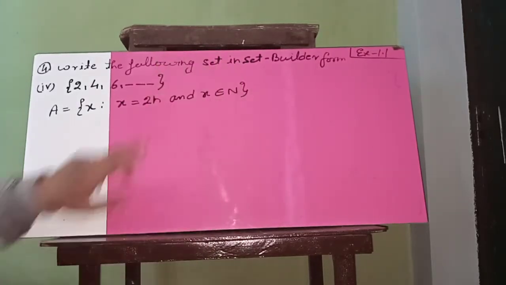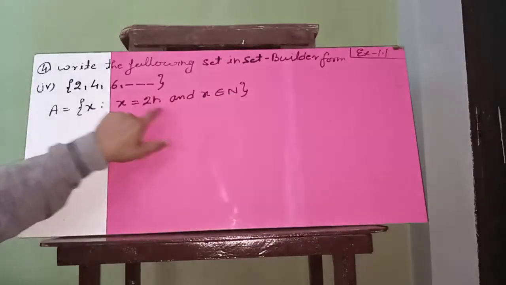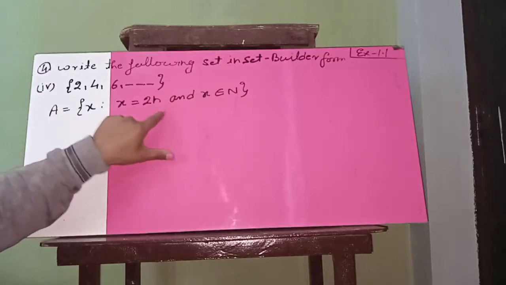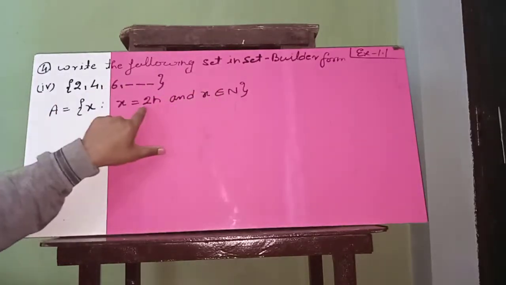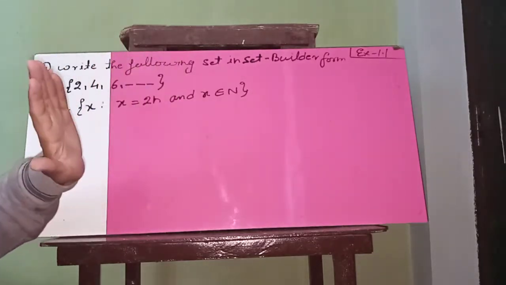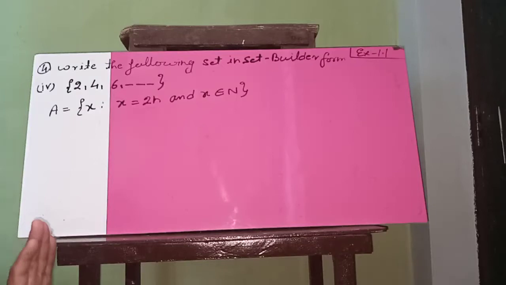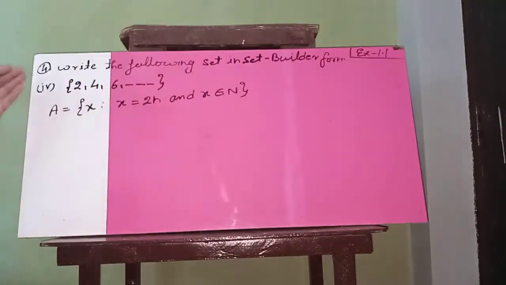Okay, if you take any natural number, if you take 1, then 2 × 1 is 2. If you take 2, 2 × 2 is 4. If you take 3, 2 × 3 is 6. If you take 4, then 2 × 4 is 8. Okay, because here there is a dash, it means that it is an infinite set. Okay, in next video the topic is coming. So that is the set builder form of question number 4, fourth part.